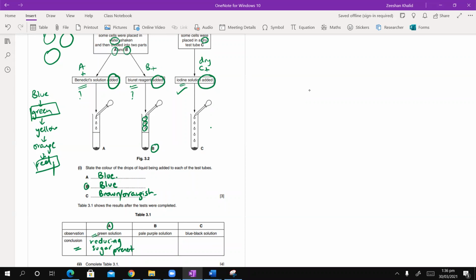Green is a very low concentration and red has a very high concentration. Excellent, perfect. I'm telling you this just as a side note; of course, this is not being asked in the question. So green is indicating a lesser concentration of reducing sugar, while red is more.